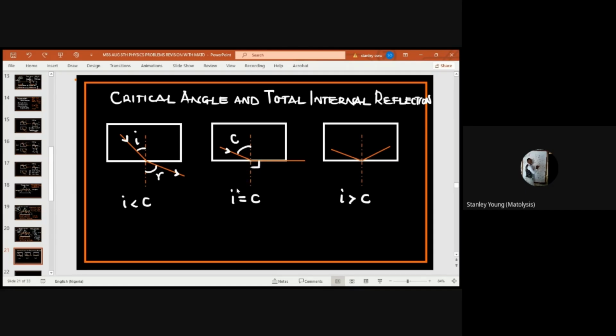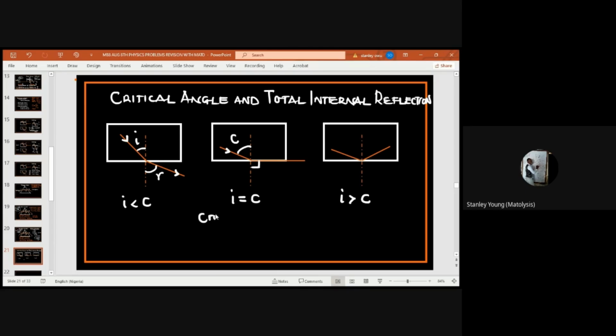So this special angle of incidence here, at which the angle of refraction equals 90, is what they call the critical angle. The critical angle is defined as the angle of incidence at which the angle of refraction equals 90 degrees for a ray traveling from a denser medium to a less dense medium.